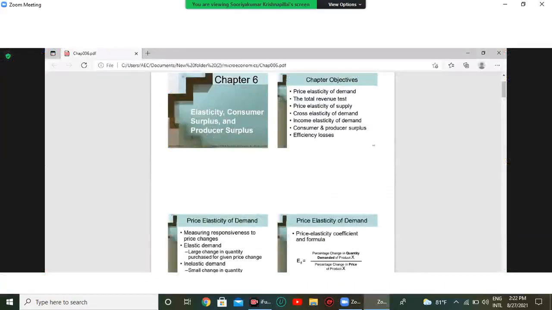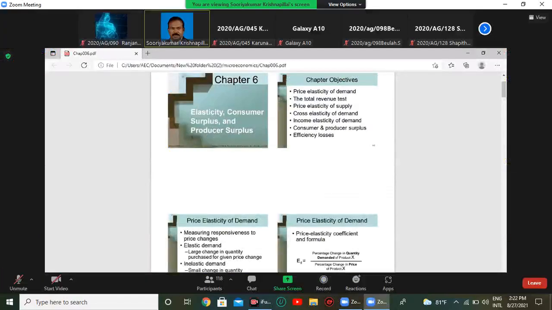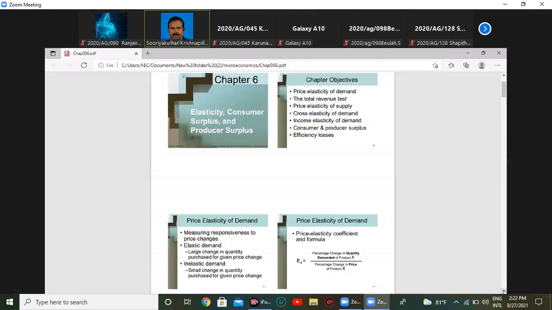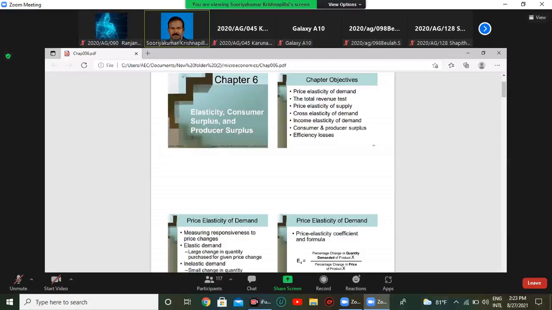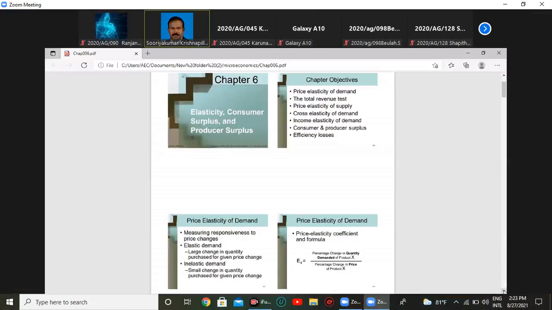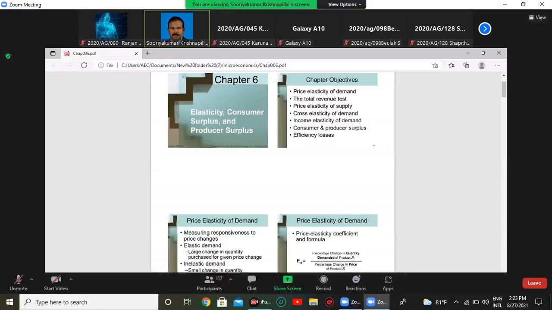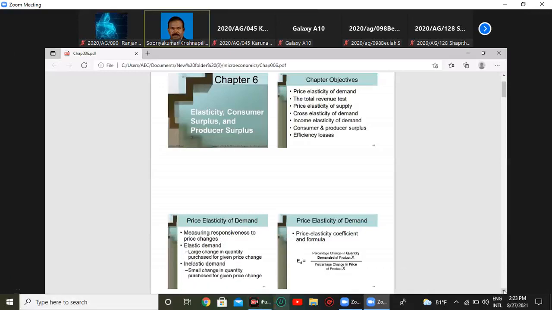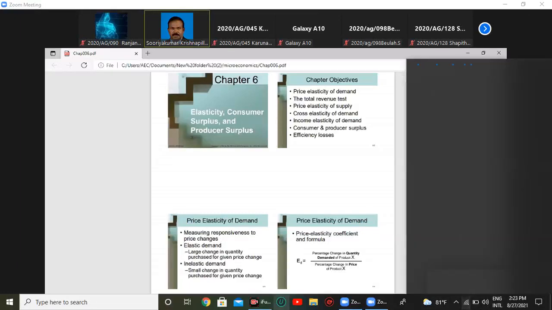So the price increases from 4 to 5, a percentage change in price of 25, but the quantity demanded falls from 20 to 10, and that means 100%. So 100% divided by 25%, we will get elasticity 4.